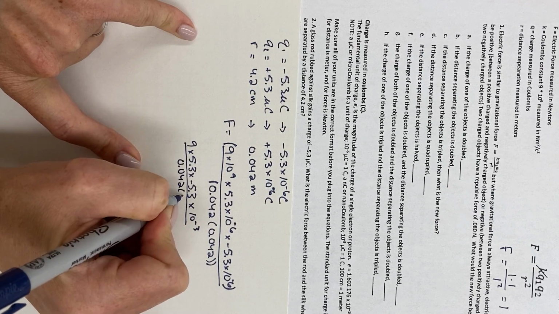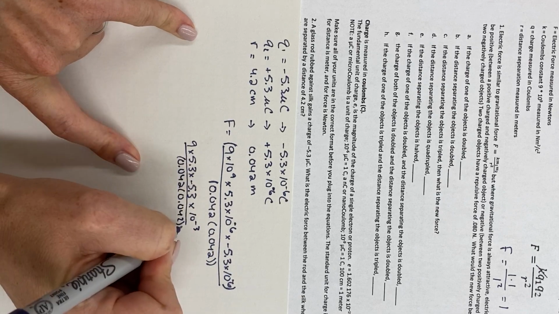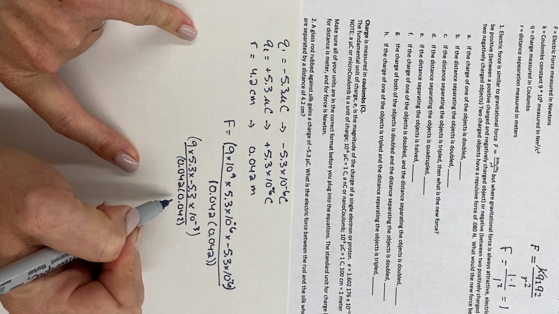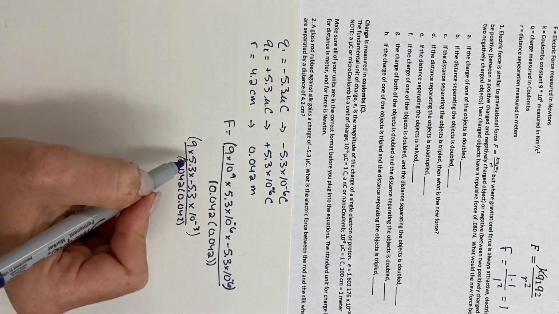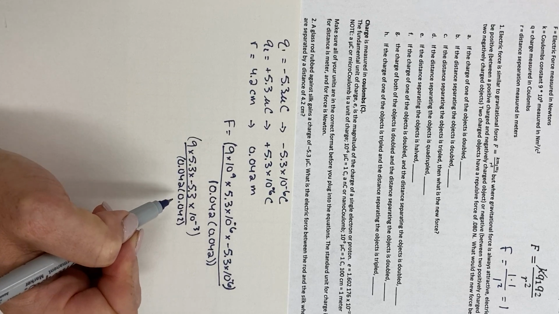I did not plug this into my calculator before starting this video, and I feel comfortable that you will be able to do that without me, but to make you feel more comfortable, I would try to reduce my equation as much as possible before I plug it into my calculator.